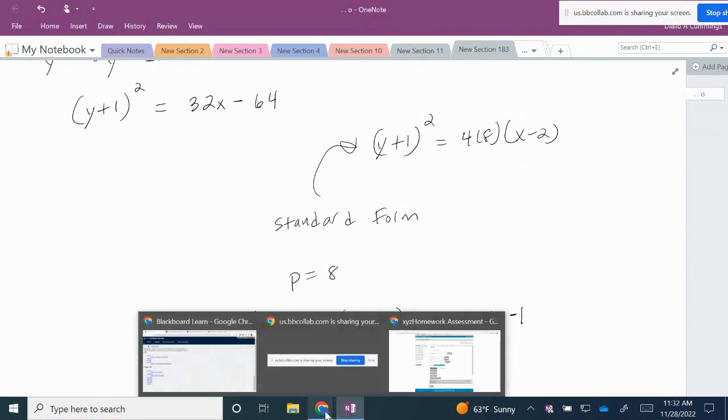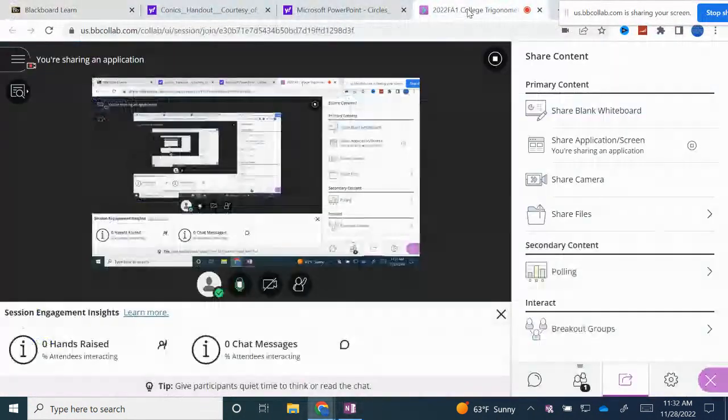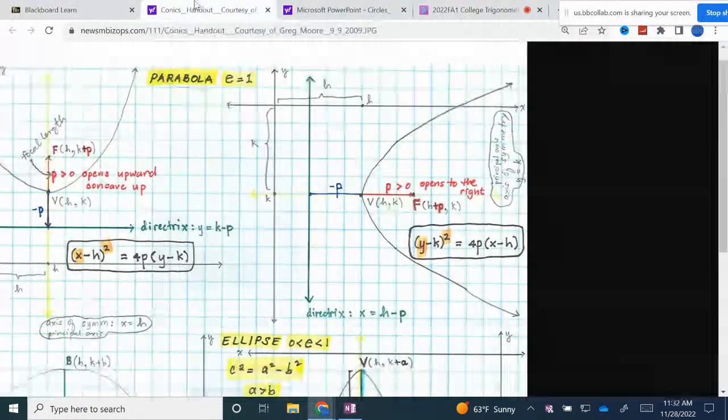I'm going to go back into our formulas. So notice if we look here, we have y minus k quantity squared is equal to 4p times x minus h. Right, so this is our model form.